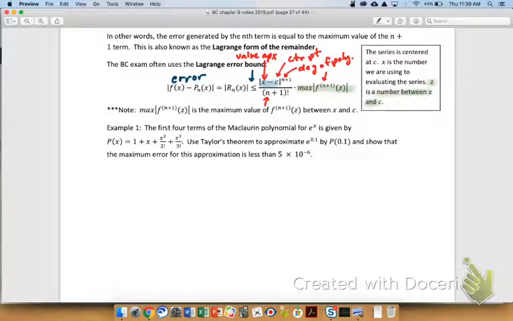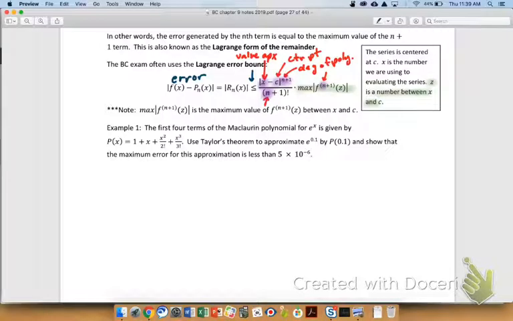Because it's calculus, these elements right here, which I'll highlight for you in purple, are all completely canned. They're formulaic. You're going to know what your X is. Just plug the X in. You're going to know what the C is. Just plug it in. You're going to know what the N is. For goodness sake, just plug it in.